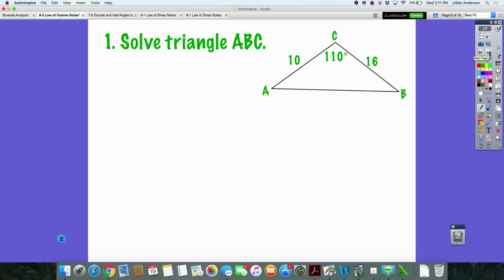All right? Let's get this example down. We're going to solve this triangle ABC. What does it mean to solve? Find every side, find every angle. We know two sides already, so that means we're looking for one more side. And we know one angle, so that means we need two more angles. Okay? Yes, you are handwriting this.